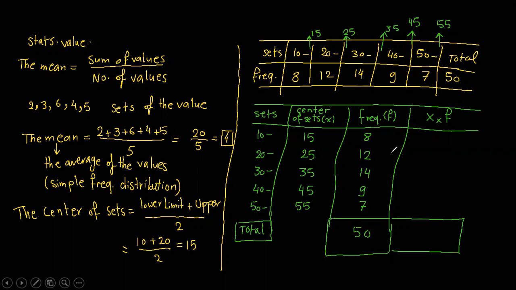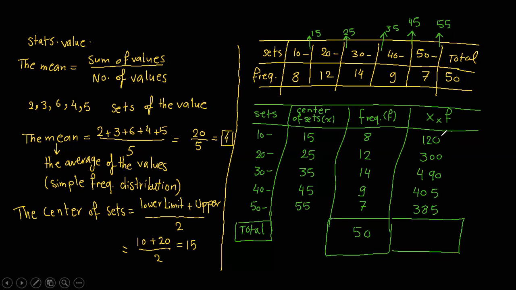Then x times f: 15 times 8 is 120. Then 25 times 12 is 300. Then 35 times 14 is 490. Then 45 times 9 is 405. Then 55 times 7 is 385.